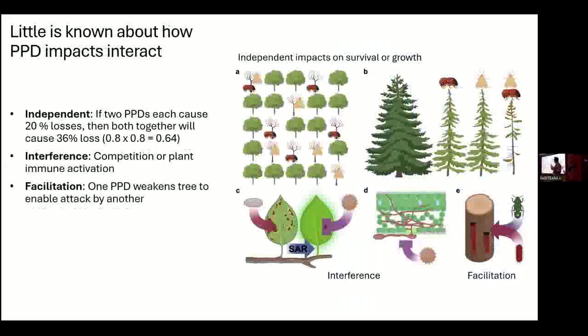So how do we deal with the idea of multiple pests and diseases arriving and attacking the same tree species? There's very little information in the literature about this. Everybody looks at one thing. Very few people look at 2. Nobody looks at 3.